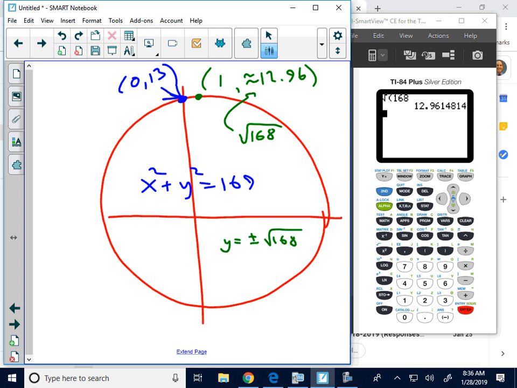Where could you put a dot on the circle that would be corresponding to what this is talking about? Okay, straight down, right? So if we go straight down, here's a dot where x is still 1, right? All the points in this vertical line are x is 1. So that's x is 1, but now y would be minus the square root of 168, right?